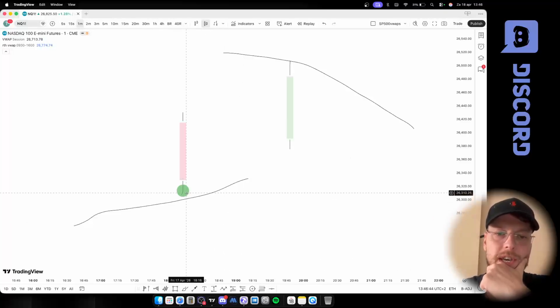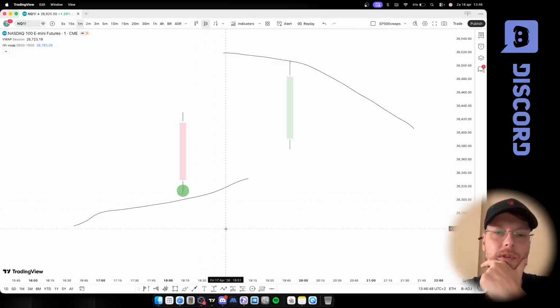Does it have to be a red one to have absorption on the key level? No, it may also be a green one.